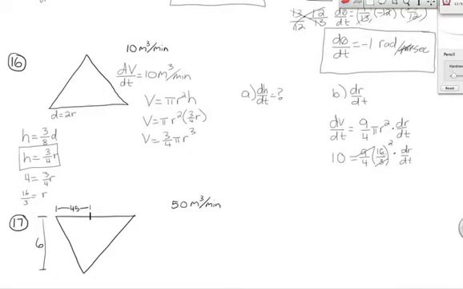And then I'm left with 16 squared divided by 4, which is 64. So I have 10 equals 64 dr/dt, or dr/dt equals 10 divided by 64, which is 0.15625. And that would be units of meters per minute.